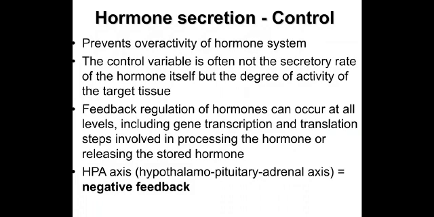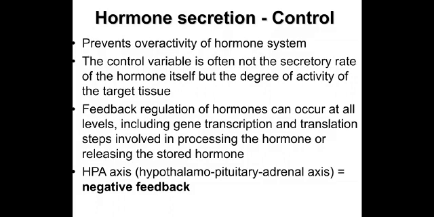Hormone secretion and control prevents overactivity of the hormone system. The control variable is often not the secretory rate of the hormone itself, but the degree of activity of the target tissue. So we have to know the activity of the target gland. Most of the hormone secretion is regulated by a negative feedback mechanism, except oxytocin, which is controlled by a positive feedback mechanism.